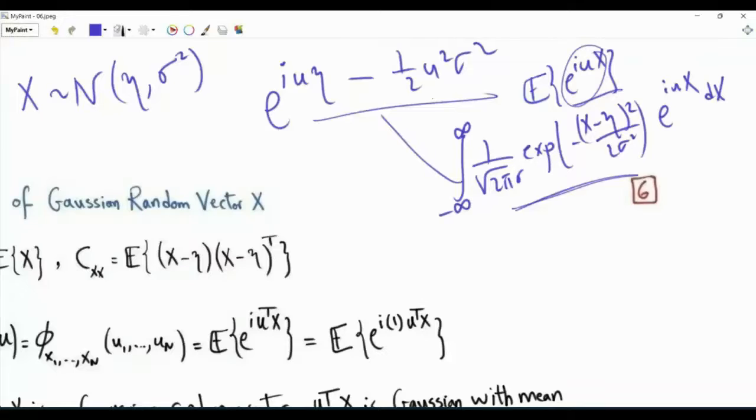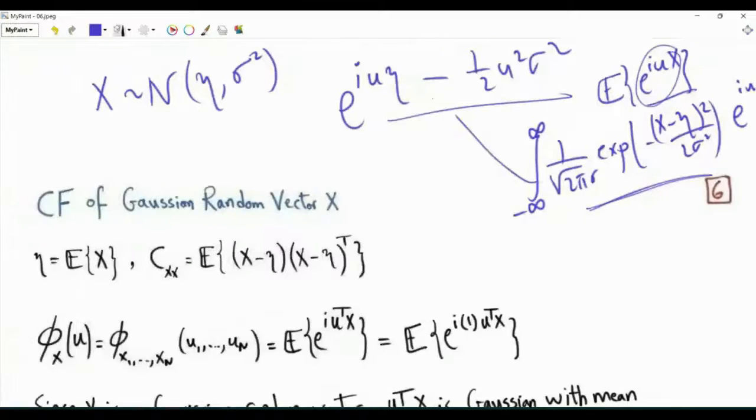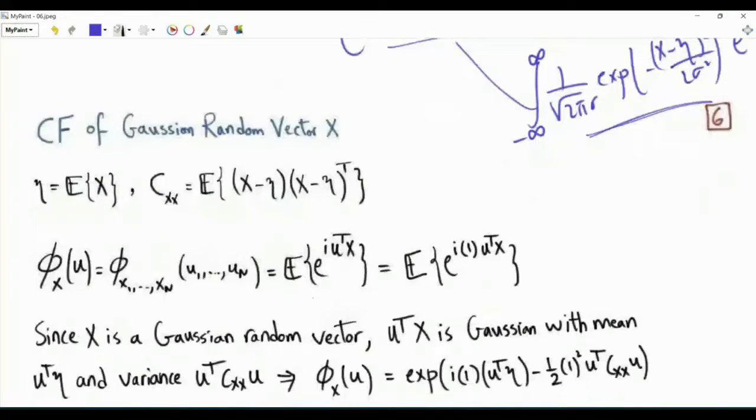Now, what is the characteristic function of a Gaussian vector? We are talking about the joint characteristic function of a bunch of jointly Gaussian random variables. So we want this thing. And the trick, which we did before, is that this is the expression for the joint characteristic function of x1 all the way to xn, but we can think of it as the characteristic function of the scalar random variable u transpose x, which is known to be Gaussian.